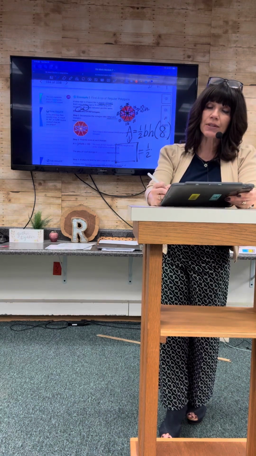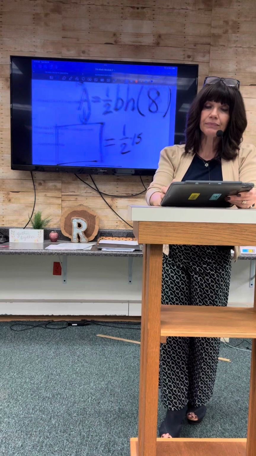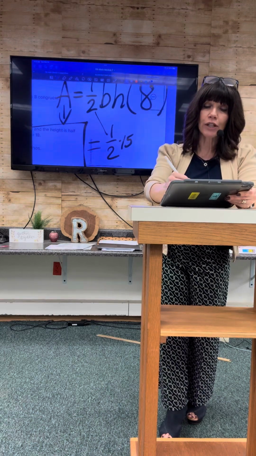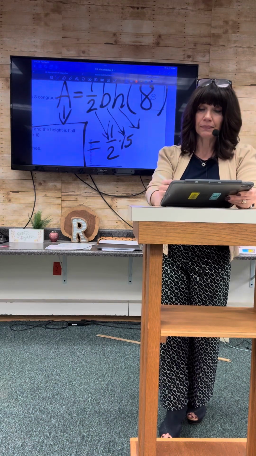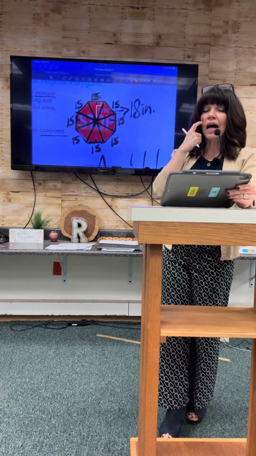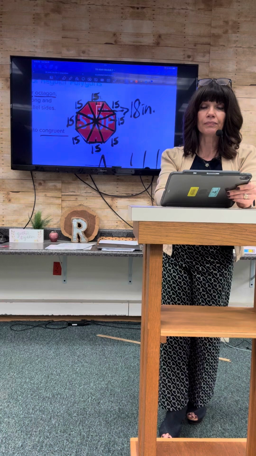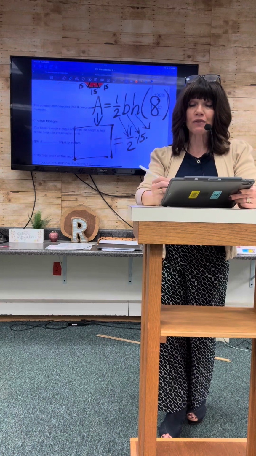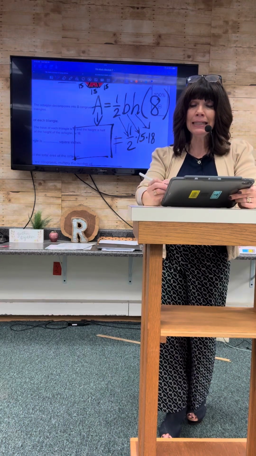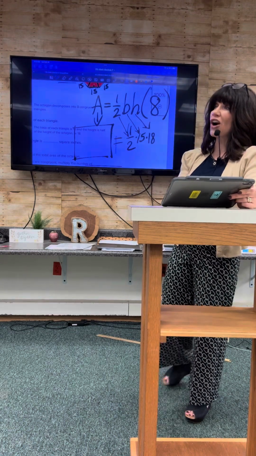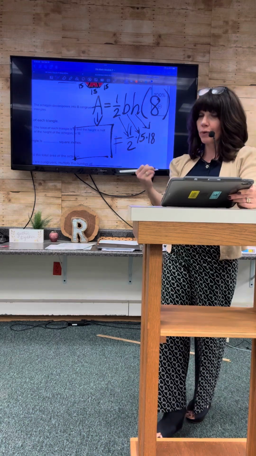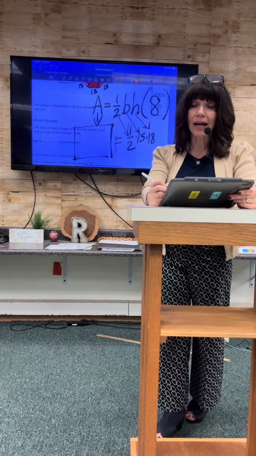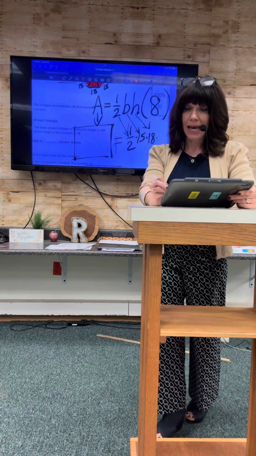So times 15. Under the H, what shall we write? 18. Times, how tall was that height of the one triangle? 18. So isn't every triangle going to be 18 inches high? Yes. So 1/2 times 15 times 18. And then because there are 8 congruent triangles, the last item would be times 8.